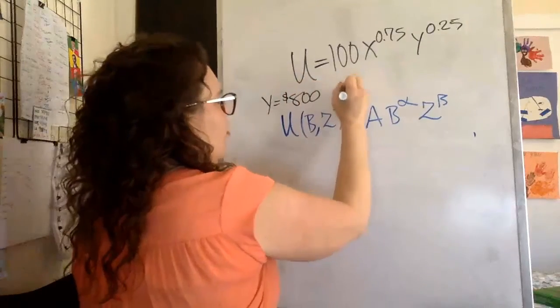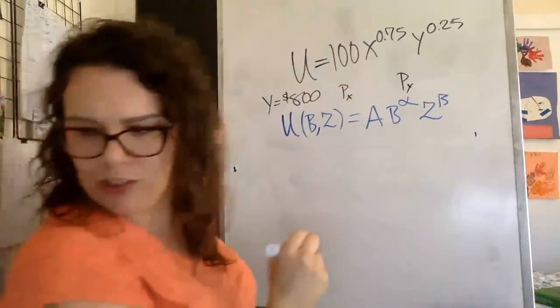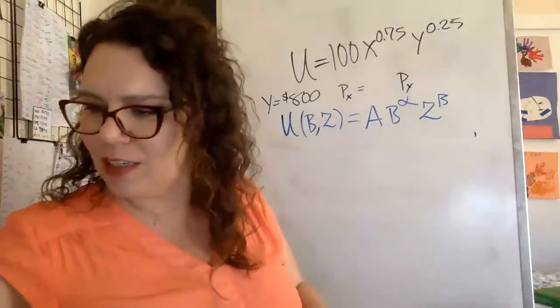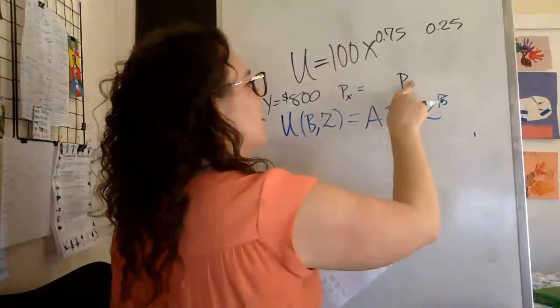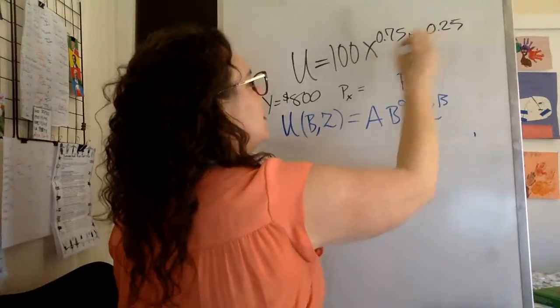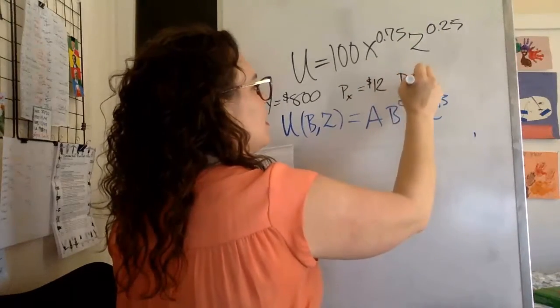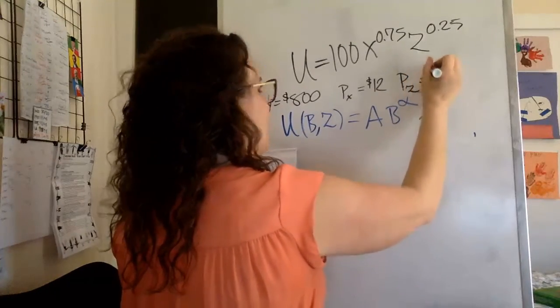And then we need the price of X and the price of Y. The price of X is $12. The price of Y is, Y wouldn't work because we're already using Y. So let's call it X and Z. The price of X is 12. The price of Z is 10.